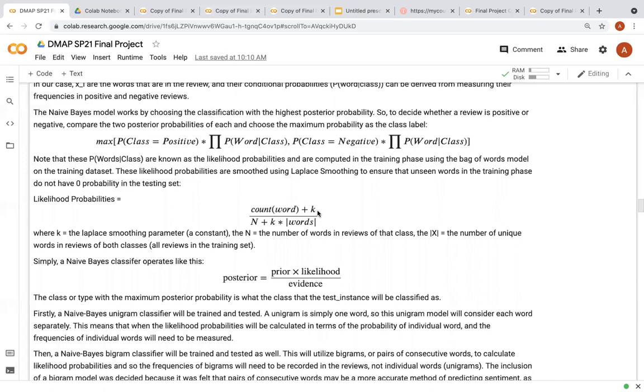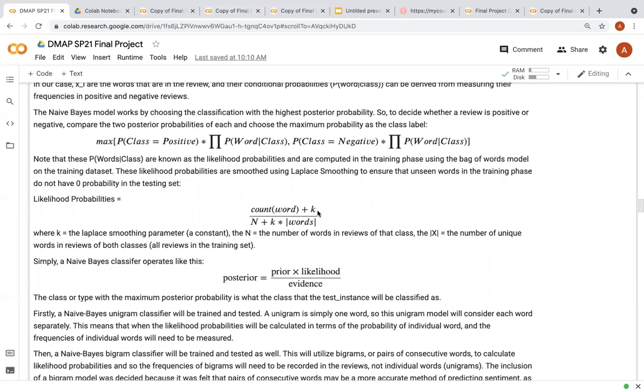Laplace smoothing is done because, let's say a word does not show up in your training set, but it does show up in one of the reviews of the test set. We don't want to assign that a likelihood probability of 0, because that's not true. Your training data set is limited, it's not the entire world, so a word might easily exist in the test set that doesn't exist in the training data set.